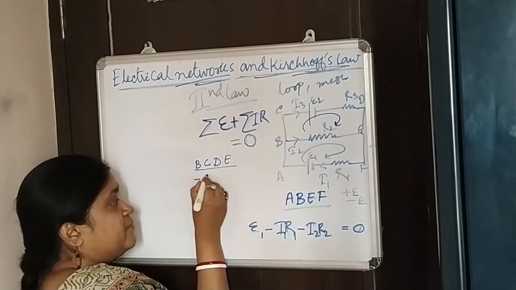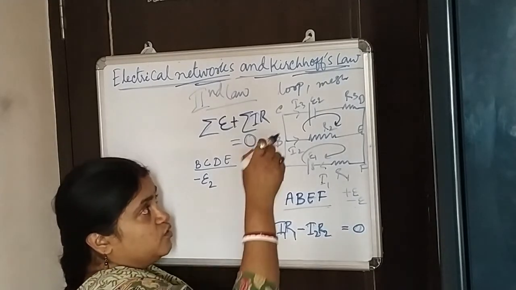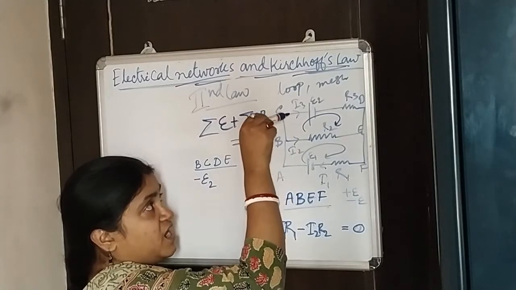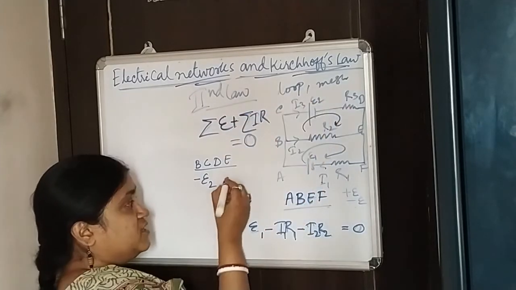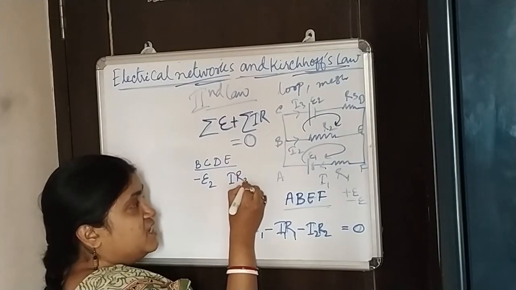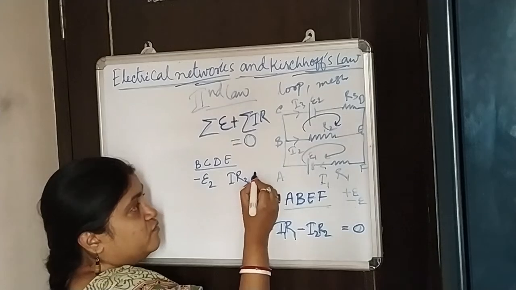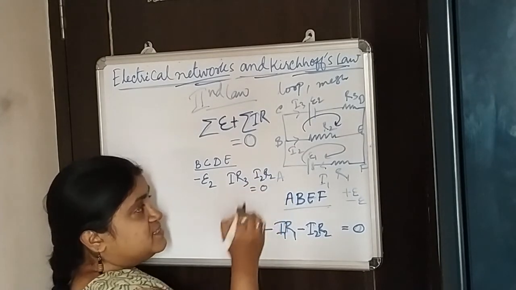Therefore I would have to take the EMF as negative. Now the current that is flowing is I3, so my potential drop across R3 will be I3 R3, and my potential drop across R2 in this loop will be I2 R2, and the total will again be 0.